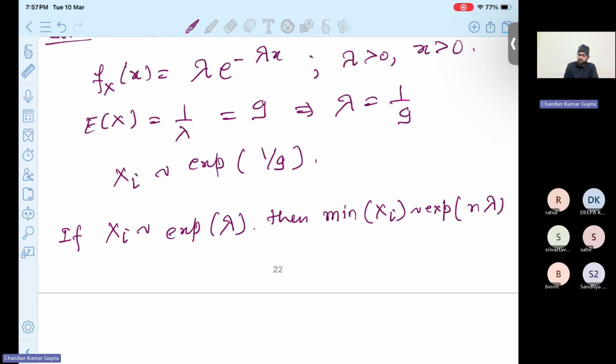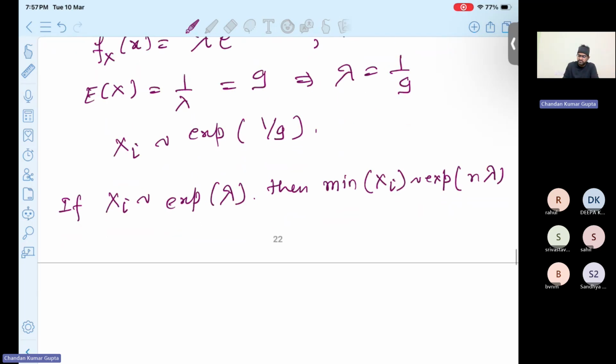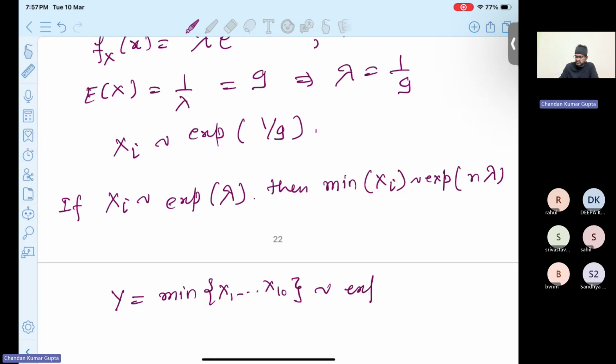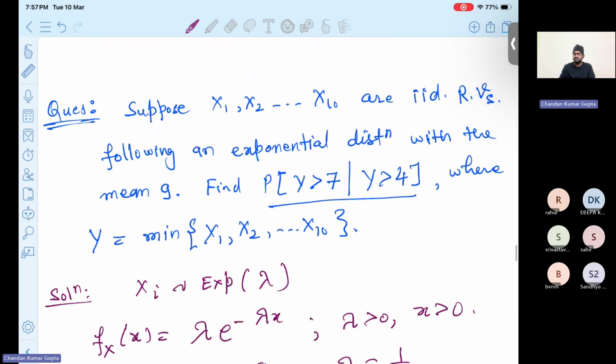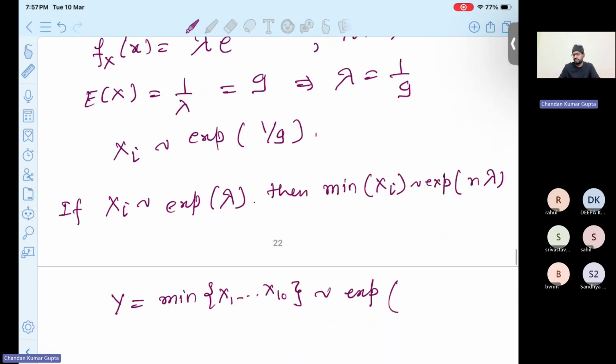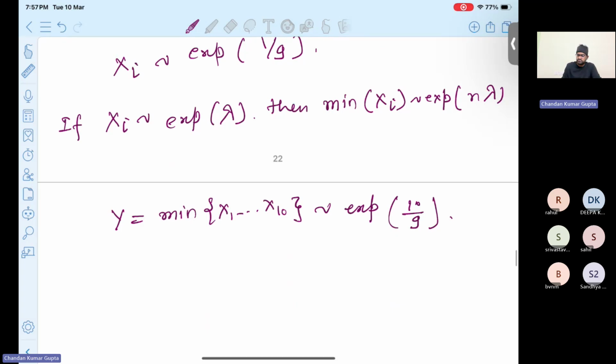So from this property, y, which is the minimum of x1 to x10, follows exponential. Here we are given n equal to 10, so that is 10 lambda, that is 10 by 9. So y follows exponential 10 by 9.